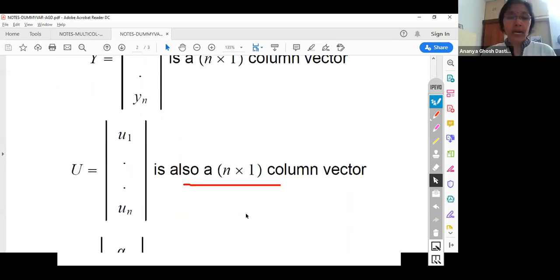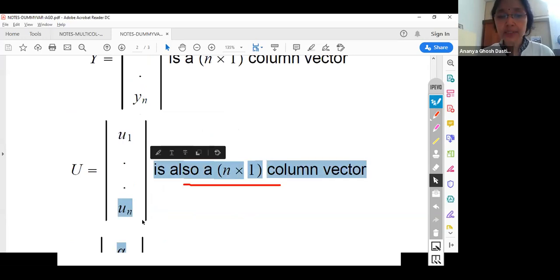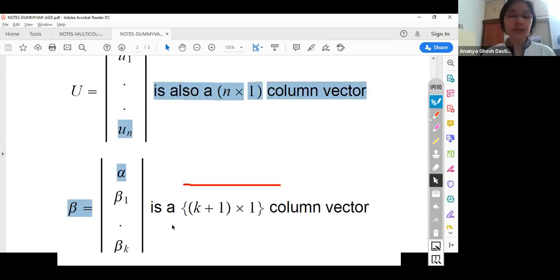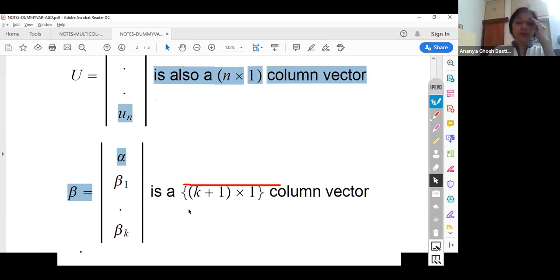Now, the errors are also an n by 1 column vector. U1 is the first disturbance, un is the nth disturbance or error.